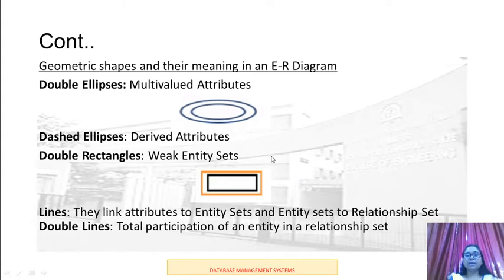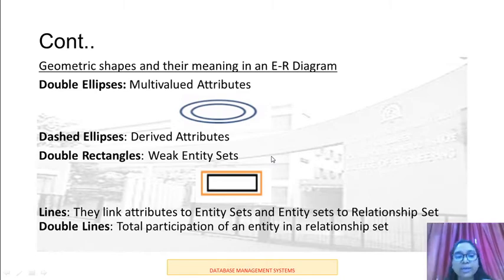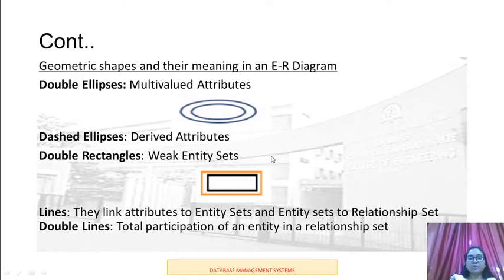We can calculate the age of a student if we know the date of birth of that particular student. So a derived attribute is where we are deriving some value from the stored value. So at that time we use the derived attribute, and it is represented by a dashed ellipse. Okay, a dashed ellipse is used to represent the derived attributes.